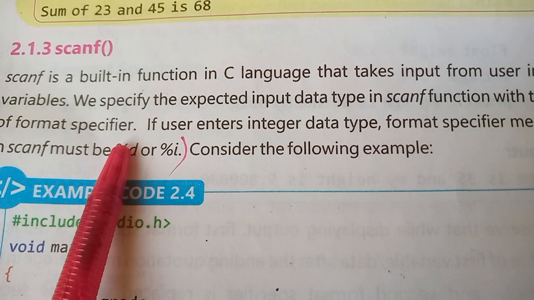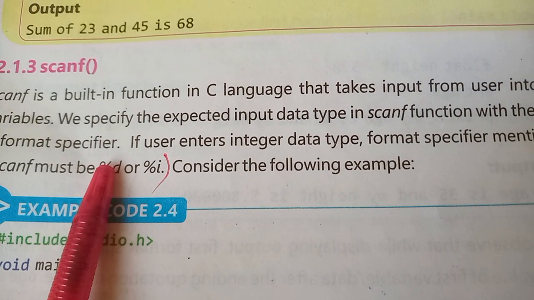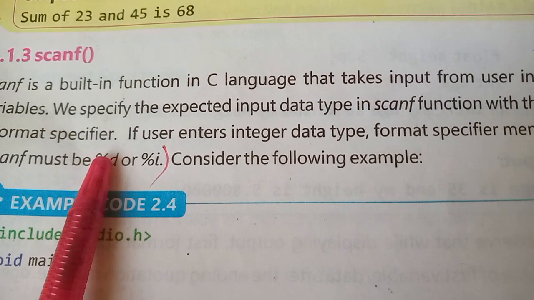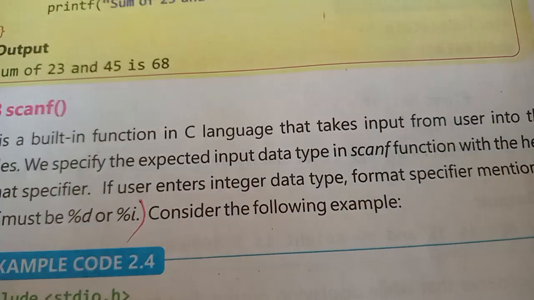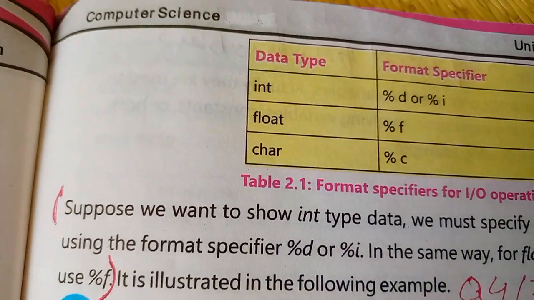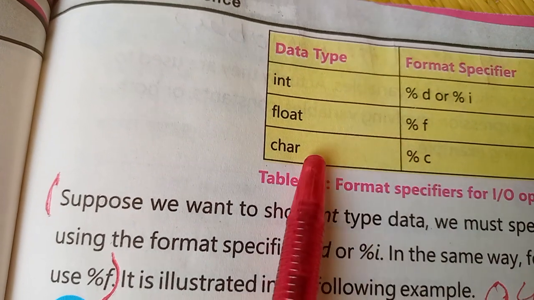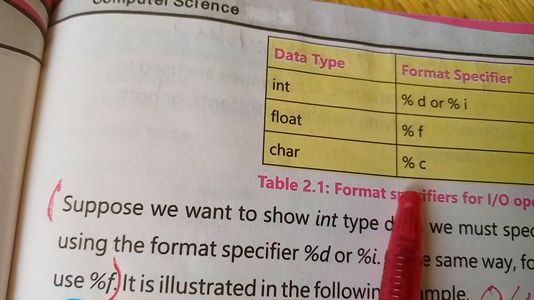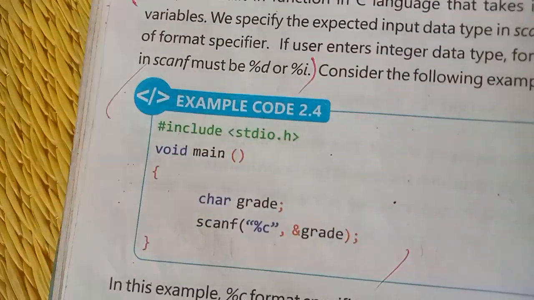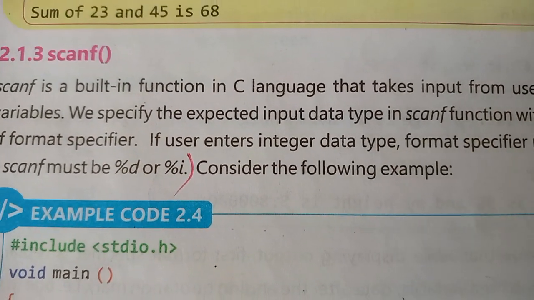We have already seen that %d is used as a format specifier for integer. %i can also be used for integer data type, %f for float data type, and %c for character data type. So in the scanf function we can also use these format specifiers.